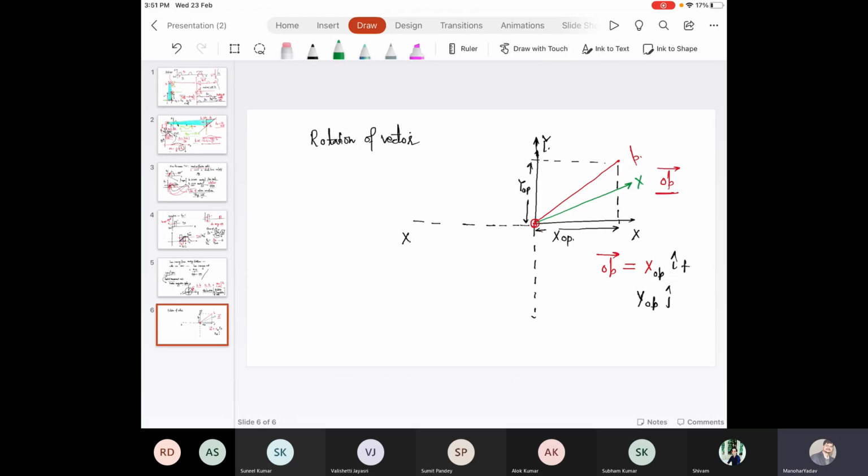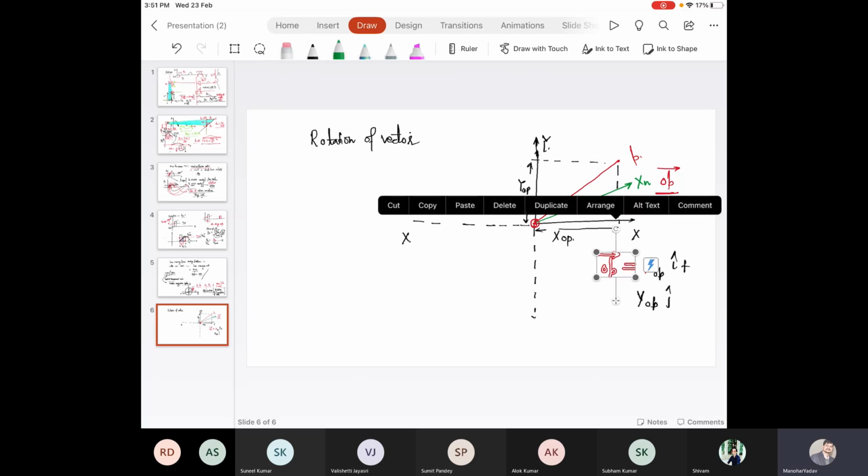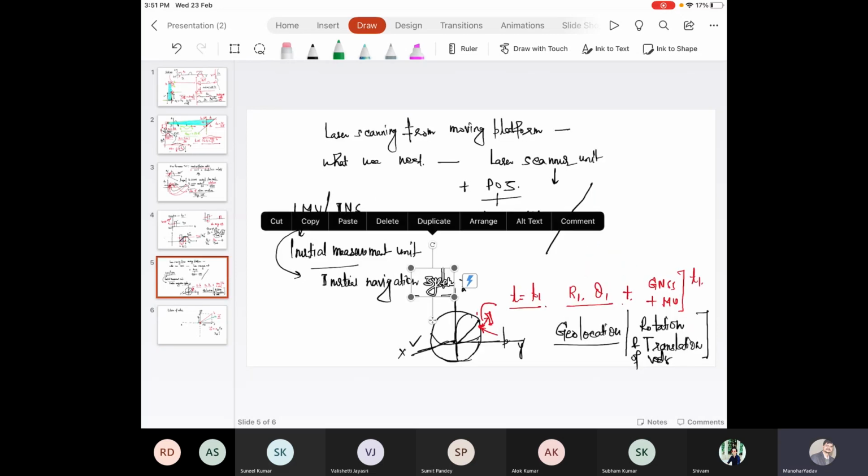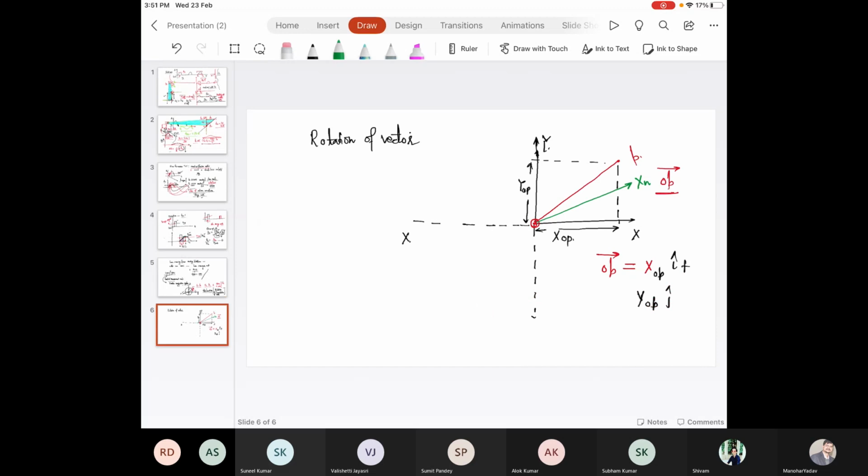So about the z-axis, if you rotate this coordinate system, we have a new coordinate system, that is X new, and here you can see this OP new, with XN and YN.